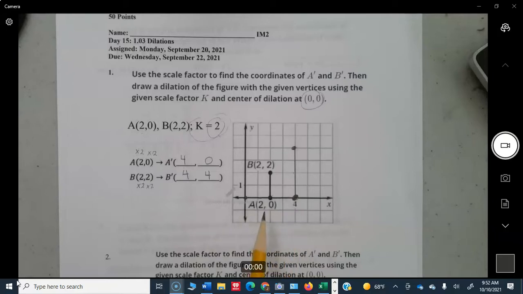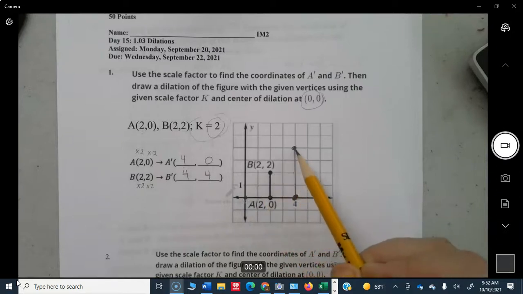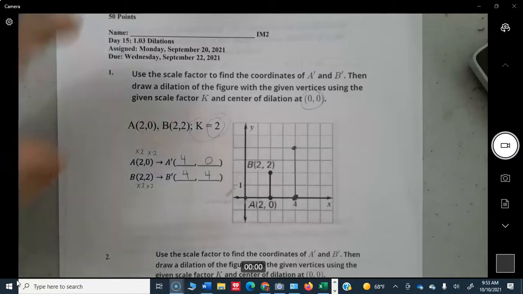This one is 4. Also notice this, if you go diagonally, the top of the original line was 1, 2 diagonal squares, and this new line is 1, 2, 3, 4 diagonal squares. So everything got doubled when you did the dilation, where K, the dilation factor, equals 2. Okay, let's keep going.